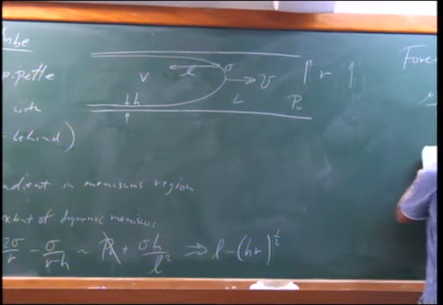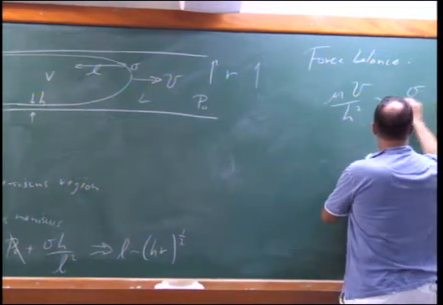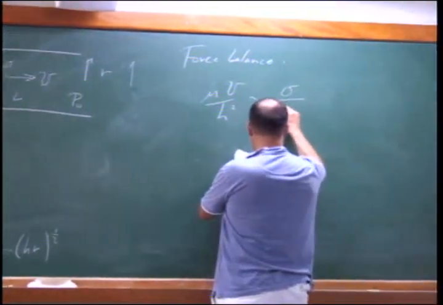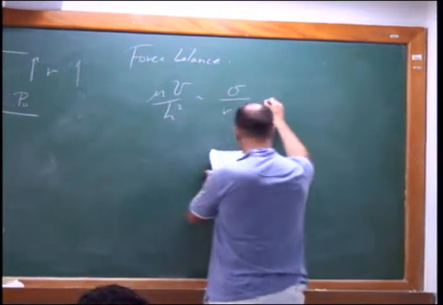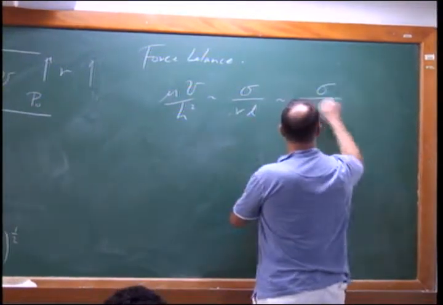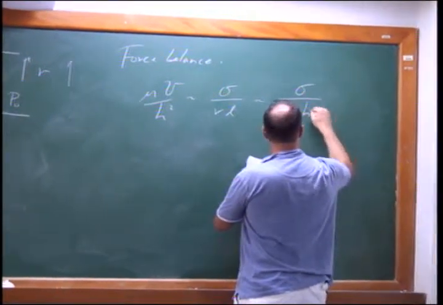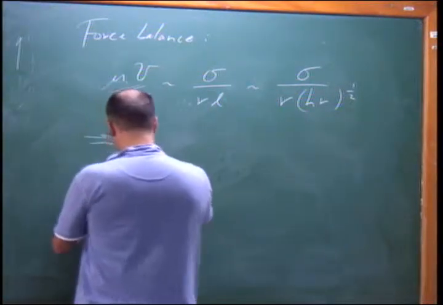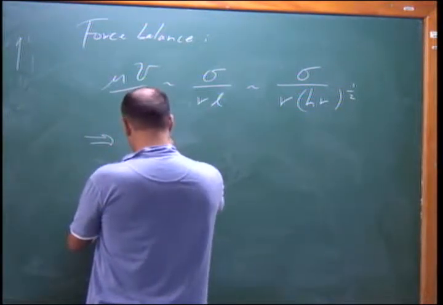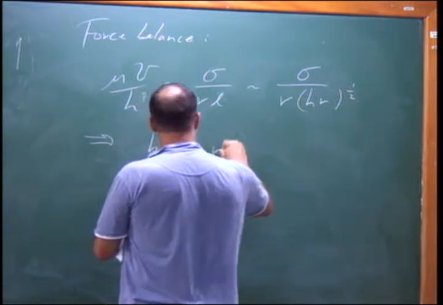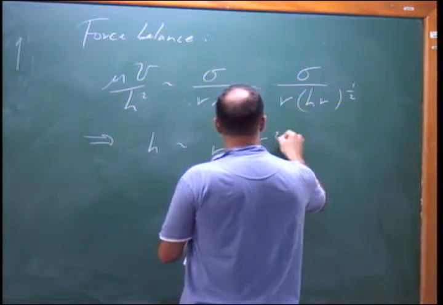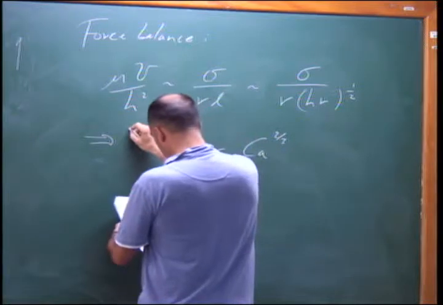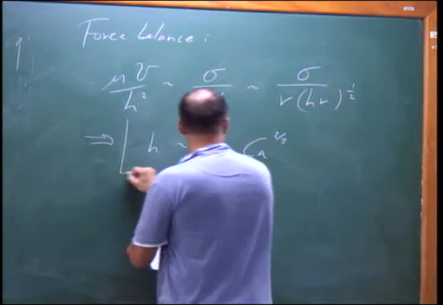The viscous stresses are balanced by this gradient in curvature pressure, so it gives us that H goes as R times the capillary number to the 2/3. So again, the same scaling as on the fiber.